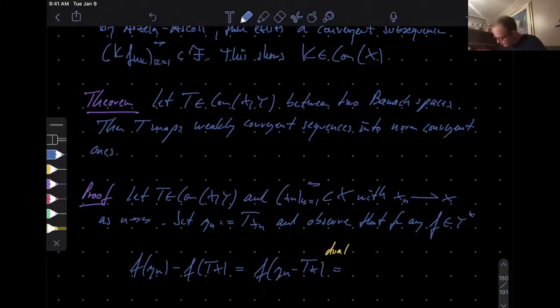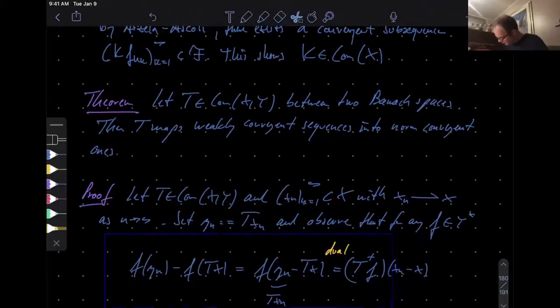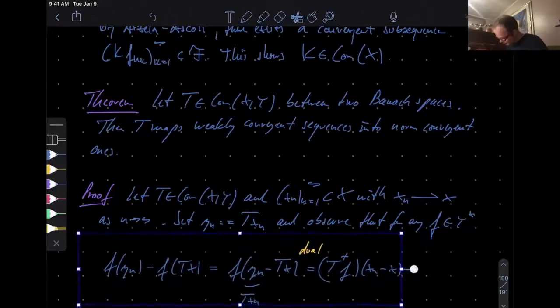The dual transformation tells me that because y_n is T(x_n), this is the dual of T acting on f, evaluated on the difference x_n minus x.